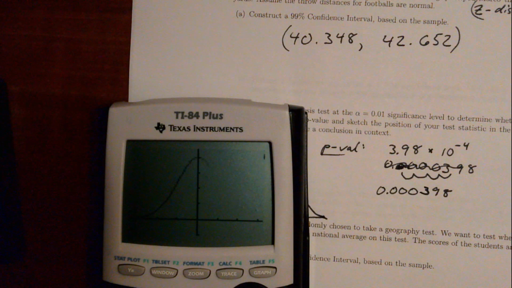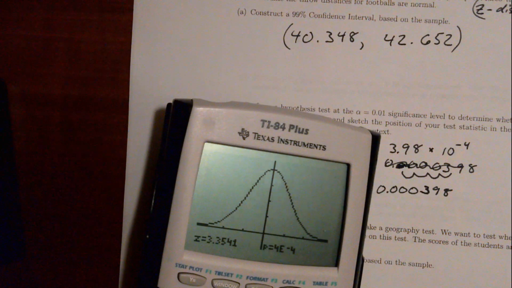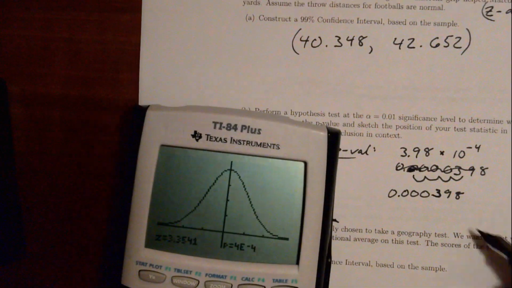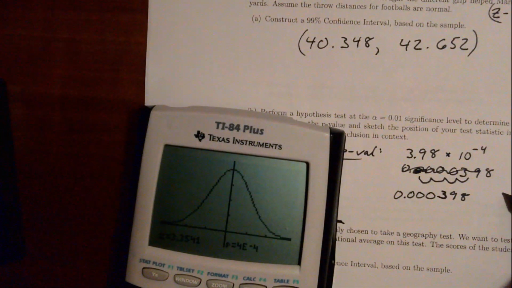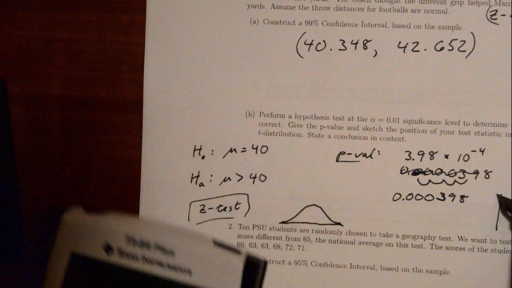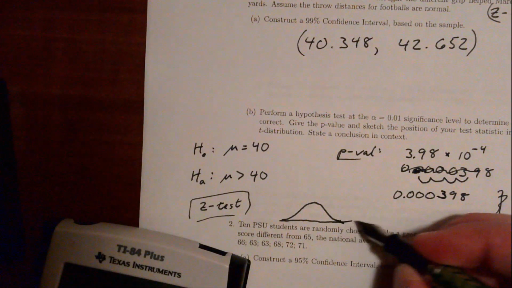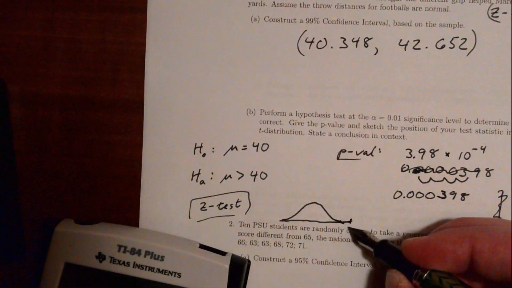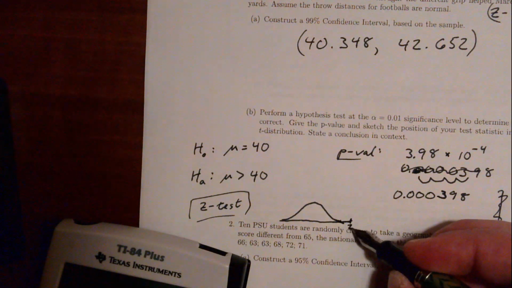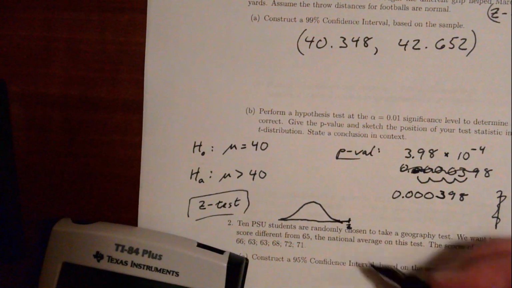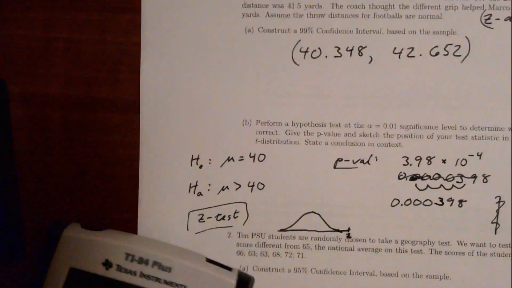And here comes a bell curve with a teeny tiny little sliver off to the side there. And actually it tells you even what the z score was. So our z value is just a tiny little corner over here. Okay.